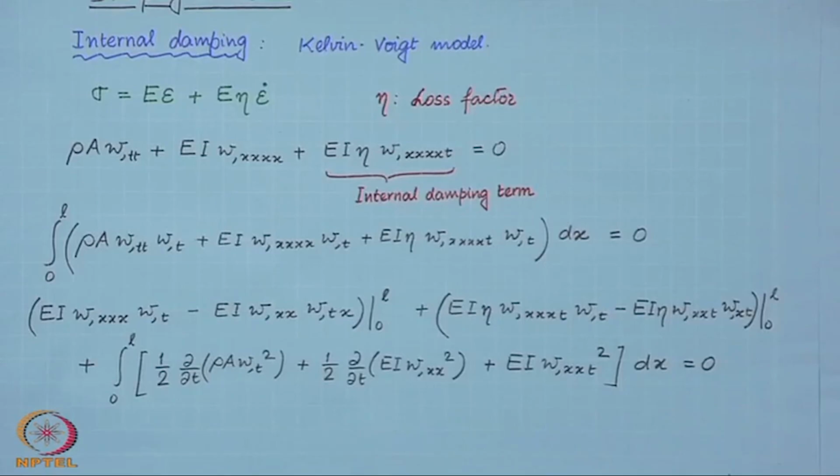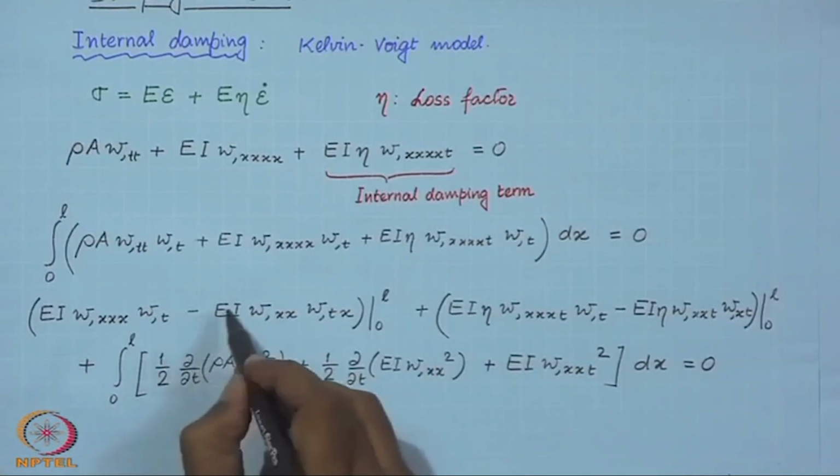Now, if you use the boundary conditions, say for example, in a simply supported beam, then at L the velocity must be 0, and the bending moment must be 0. So, this term will vanish, similarly this term will also vanish. So, using the boundary conditions you can show that these boundary terms will actually vanish.